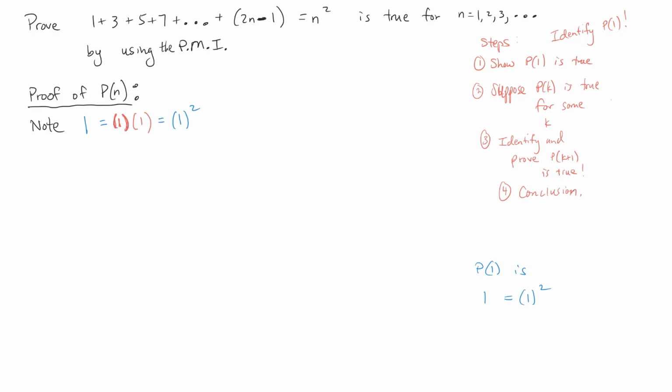Now you've shown that the left-hand side is indeed equal to the right-hand side. You can only write the left-hand side exactly once, and the right-hand side exactly once. And then put a period. Then you say, therefore, P of 1 is true.